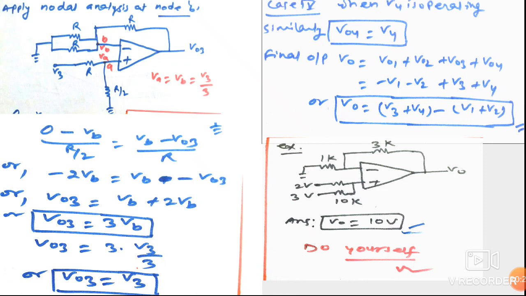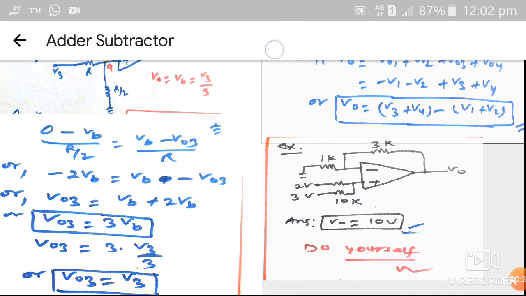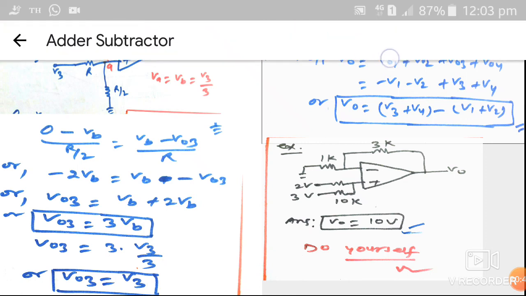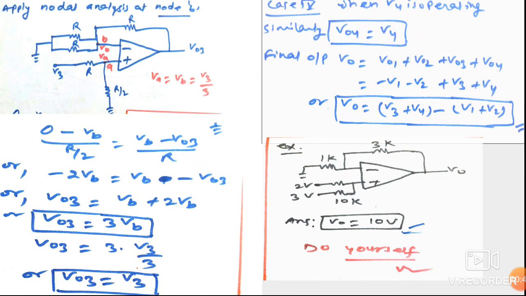Similarly, we can calculate V output 4 when voltage source 4 is operating and all the other voltages are killed. So we get V output 4 is equal to V4. So the final output can be written here.